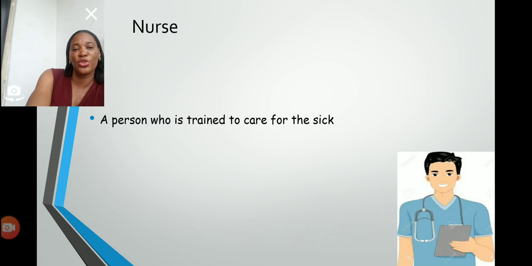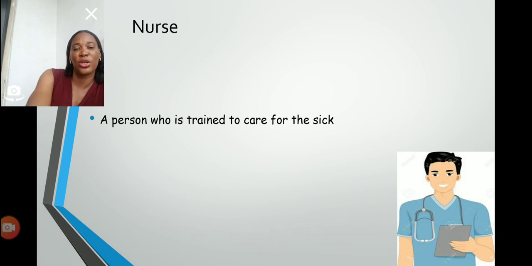A nurse. The person who is trained to care for the sick is called a nurse. A nurse is spelled N-U-R-S-E. A nurse is different from a doctor. While a doctor is trained to treat people who are sick, a nurse is trained to care for the sick.